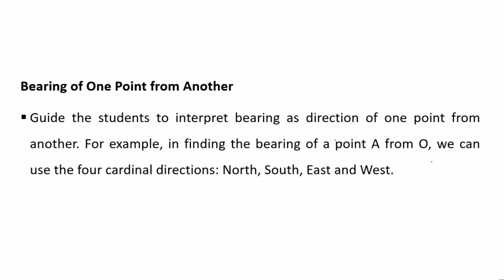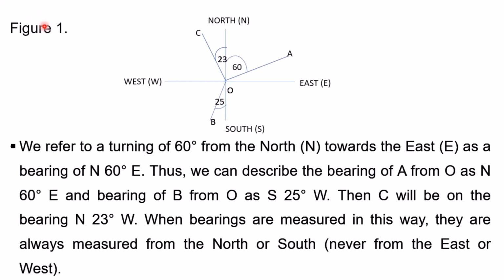For example, in finding the bearing of a point A from O, we can use the four cardinal directions, that's the north, south, east, and west. So when you look at figure 1, we are using this one for some explanation. We refer to the turn of 60 degrees from the north towards the east as bearing of north, 60 degrees east.